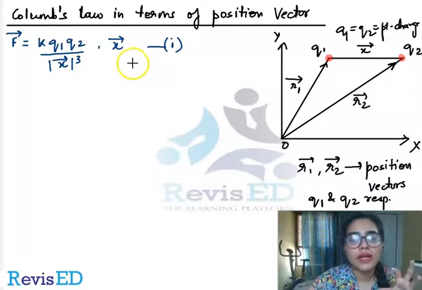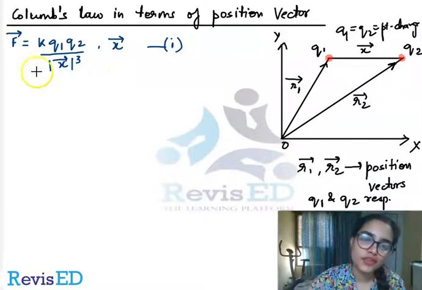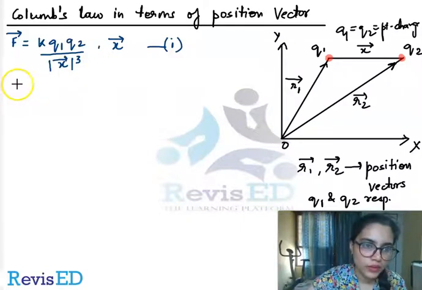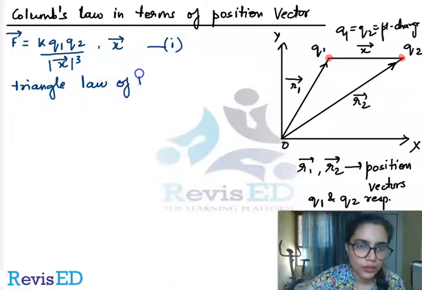Now the game comes of position vectors. So let us see how we are going to put position vectors in this form. Right. So what we are going to use is the triangle law. You all have studied triangle law of vectors, right? So we are going to apply triangle law of vector addition.